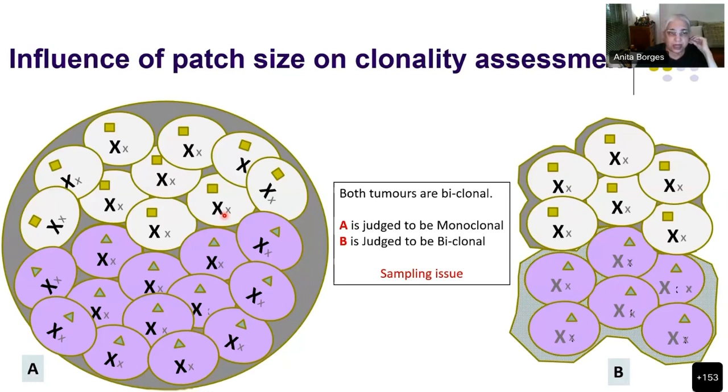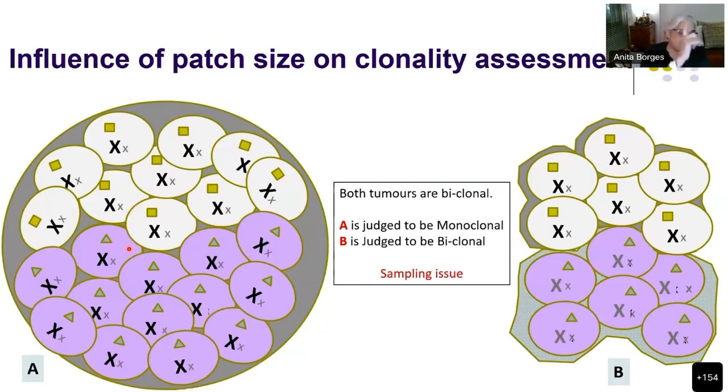Anybody would like to tell me? I've said it over here, okay? There are two clones of tumors. That means this tumor has got this mutation, this tumor has got that mutation, but they are occurring in one patch. You will find that when you go and do X chromosome inactivation studies, A is going to be judged to be monoclonal. Why?